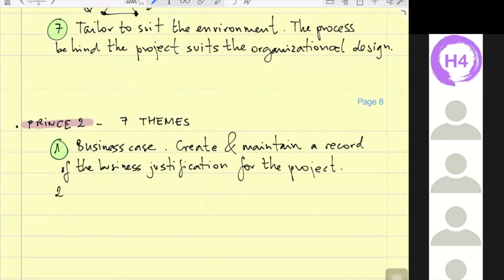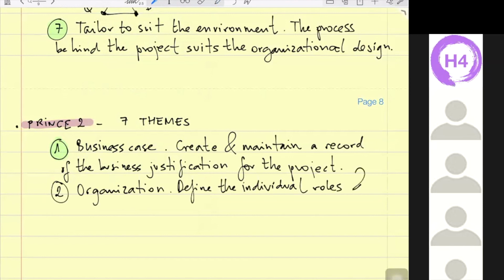Number 2, organization. Define the individual roles and responsibilities of the project team. You see they're tied together, the themes and the principles.